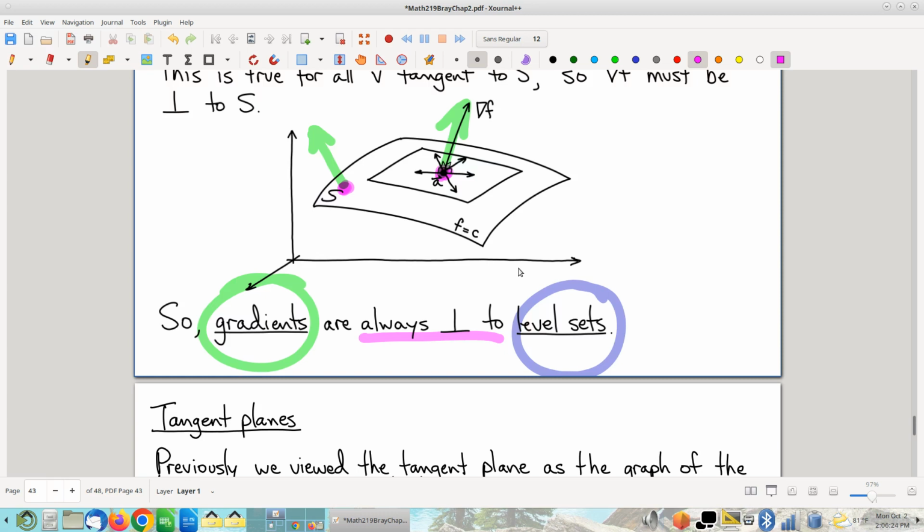What I described as calculus of level sets was geometric facts relating calculus objects to level sets. Gradient is an object of calculus, and here I have a geometric statement, perpendicularity, about how that object relates to level sets. So, calculus of level sets, and very importantly, it requires that you're looking at a level set.